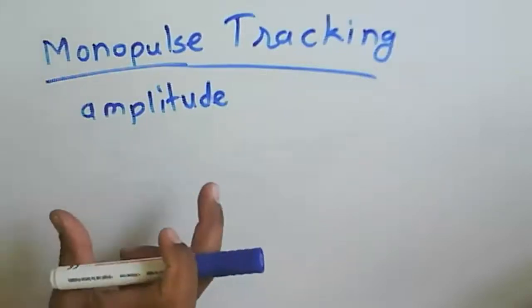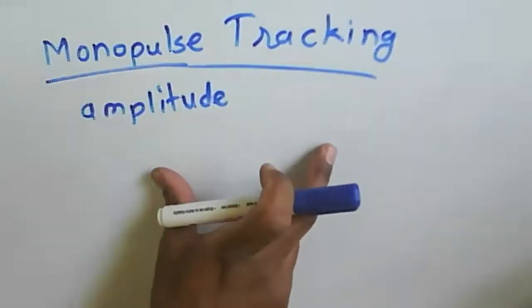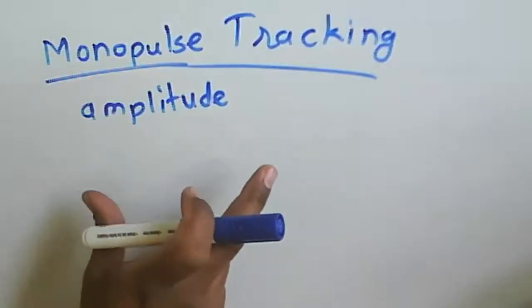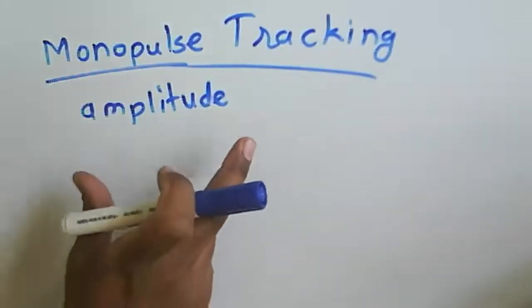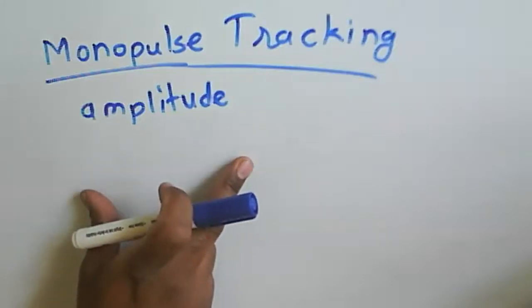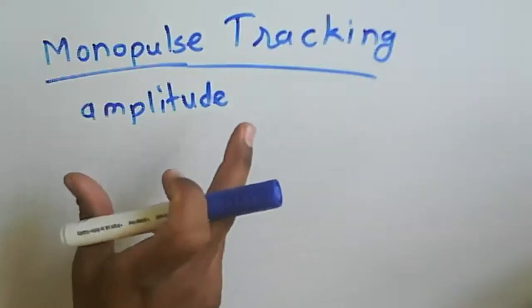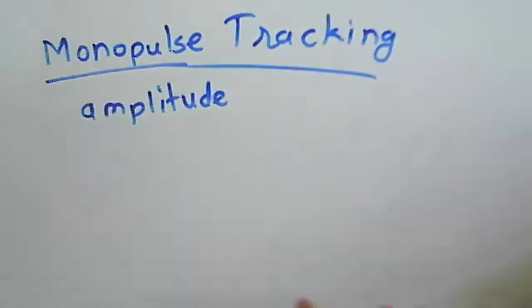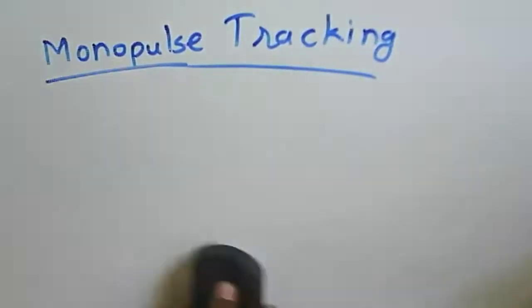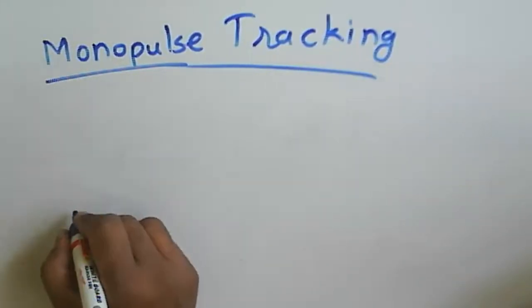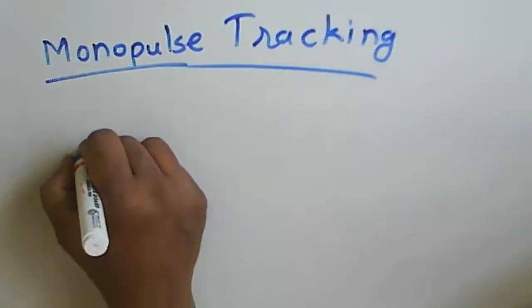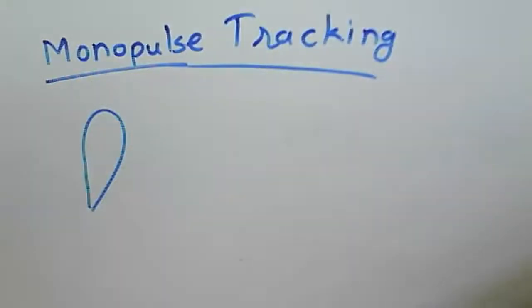We will get the various beams, and those beams have some squint angle related to the target. Then we use this monopulse for tracking radar. So right now let us consider a monopulse antenna pattern, which is the radiation pattern of a monopulse.